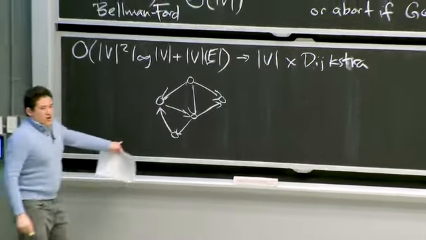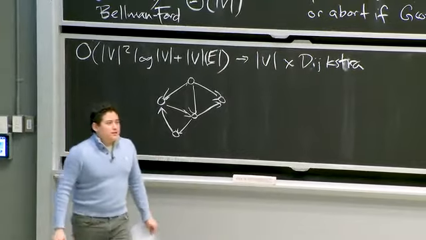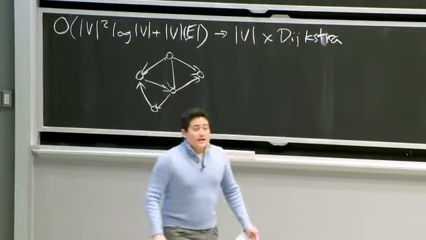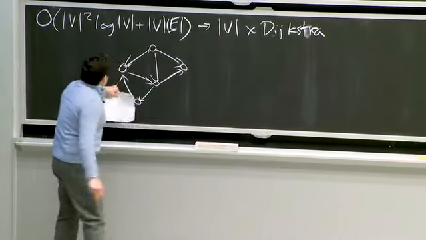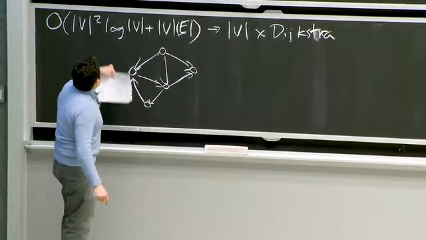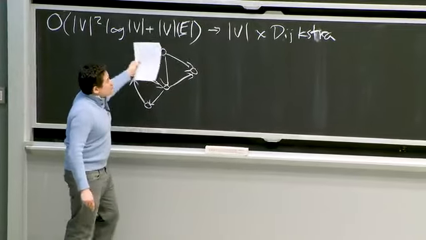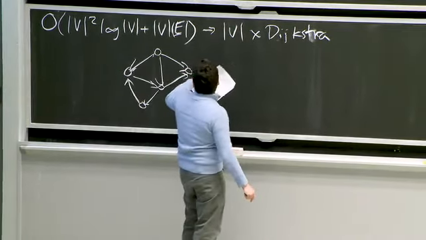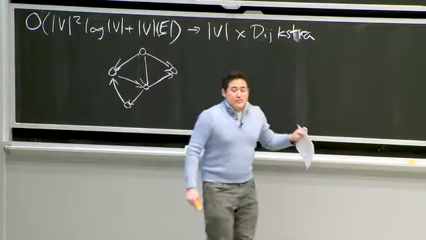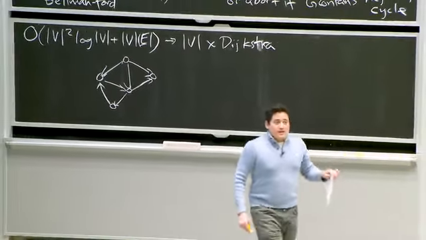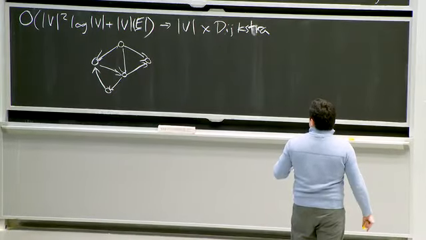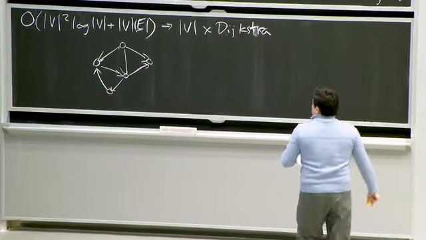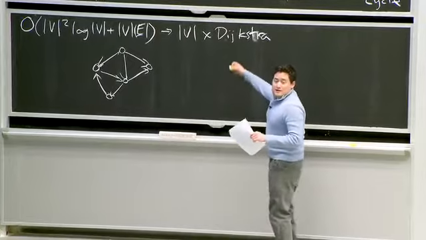Why do I not care about undirected graphs? Can anyone tell me? Yeah, it's because if I had an undirected graph, I could detect whether it had negative weight cycles in linear time.